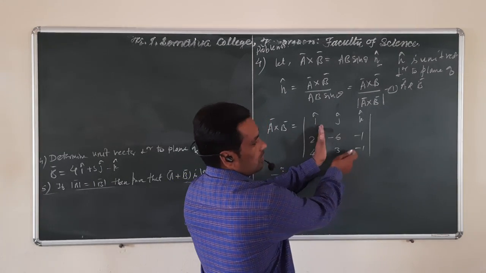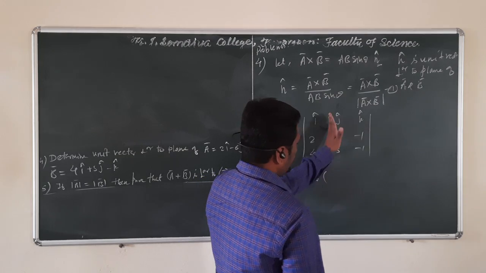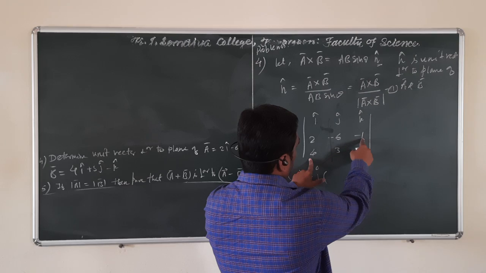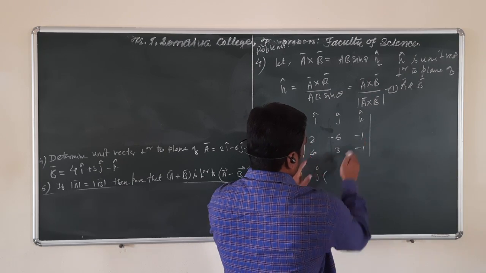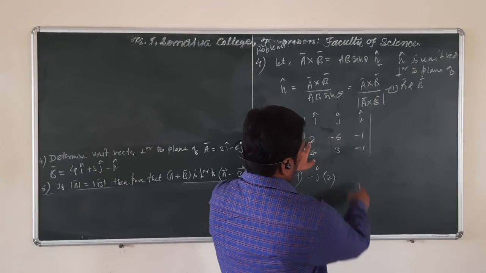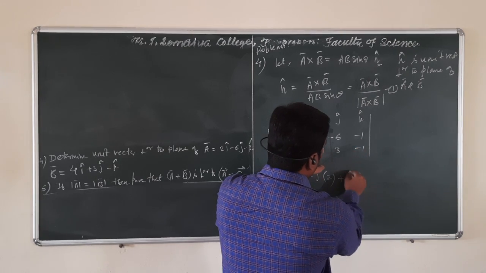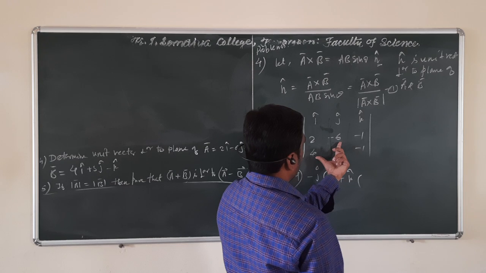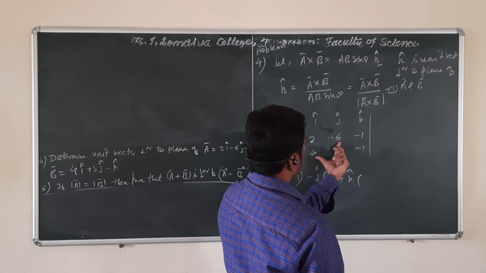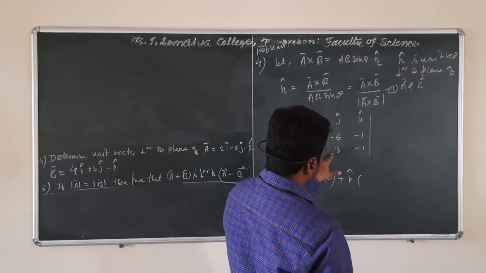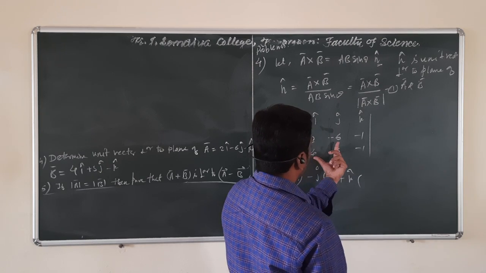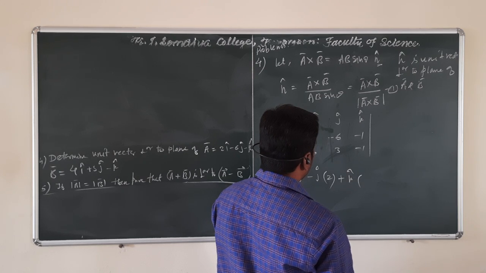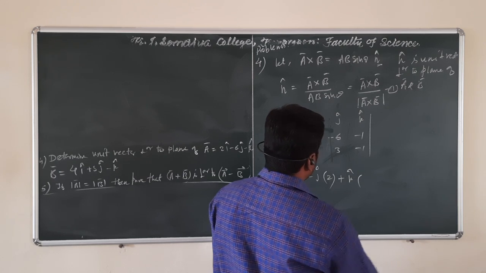We have to solve this determinant. Minus j cap into minus 2 plus 4, which is 2. Plus k cap into 6 plus 24, which is 30.